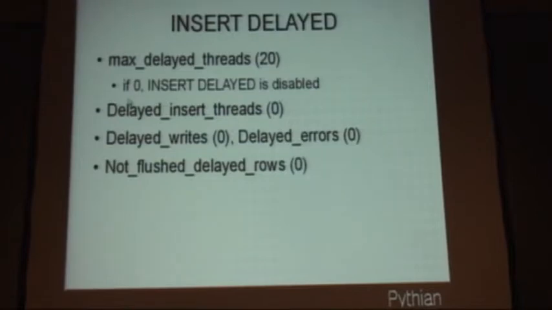So who was not here this morning? Great, okay, super. This morning we talked about how pretty much all of these are from show global variables or show global status. Show global variables shows mostly variables that you can change.